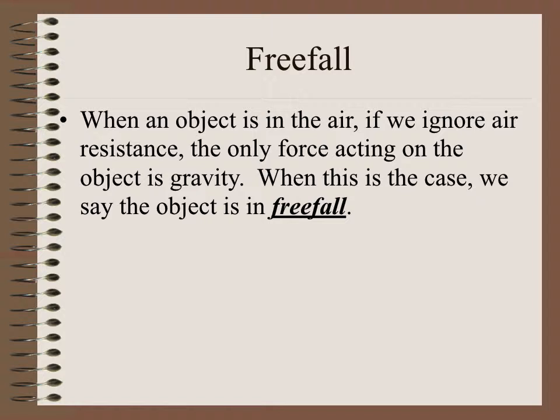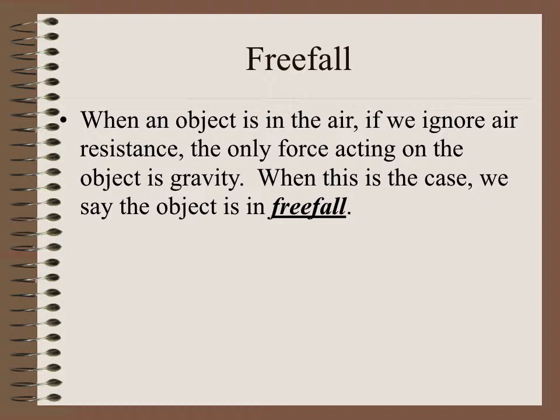This is because the only force acting on it is gravity. If it weren't falling and we threw it upwards, it would continue moving upwards. But because gravity is acting on it, it slows down, stops, reverses its direction, and then comes back down. So really, it is falling. So it's a little bit more complicated than we first thought.